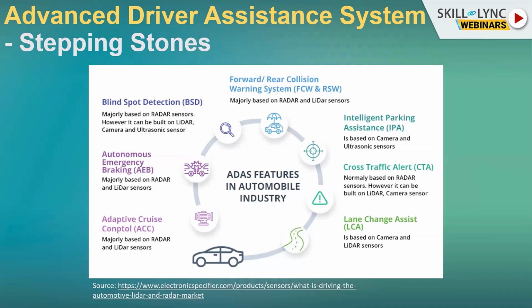Then the other systems, such as lane change assist and blind spot detection, are where, in a highway situation, if we are driving and we want to change our lanes, these two features actually work in combination with each other, because when we are making a lane change, we always have to ensure that we don't have a car in the blind spot zones of our car, and only in such cases is it safe to make a lane change.